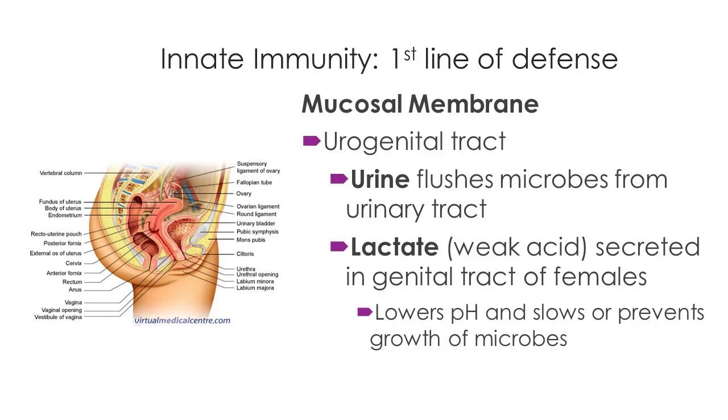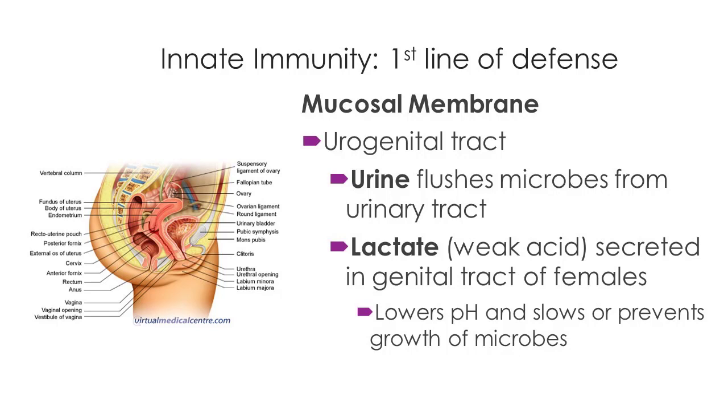Your genital tract, all these different ways that pathogens can gain access. Yeah, you can follow the urinary system, but your urine is going to flush that out. And you also have cells that produce lactic acid, much like we saw with hyaluronic acid on your skin.